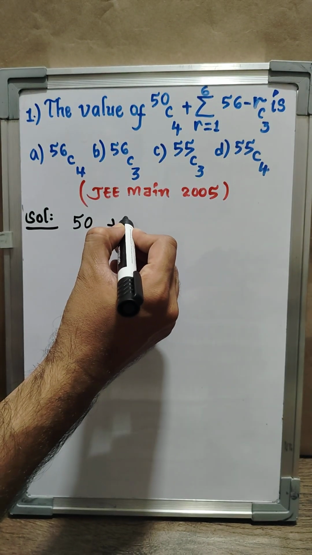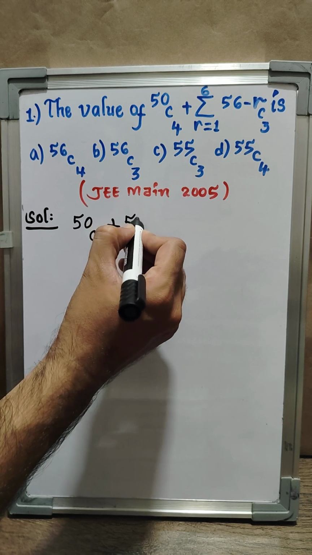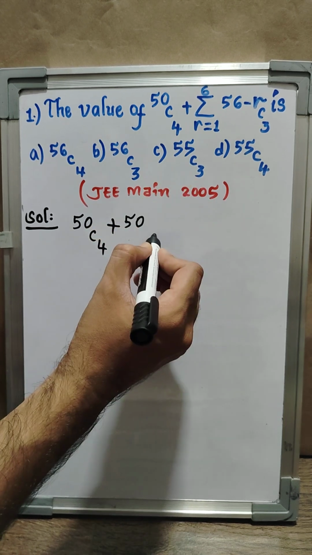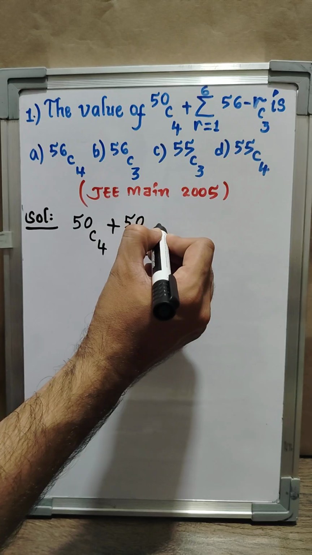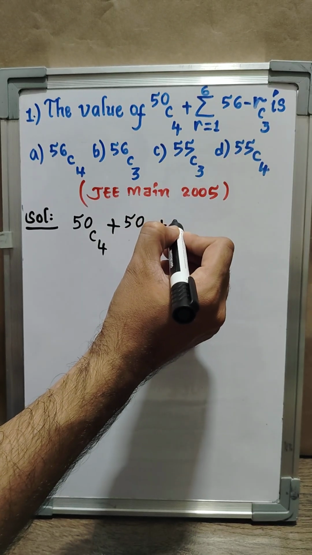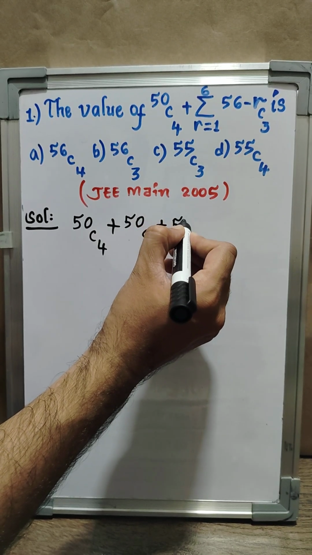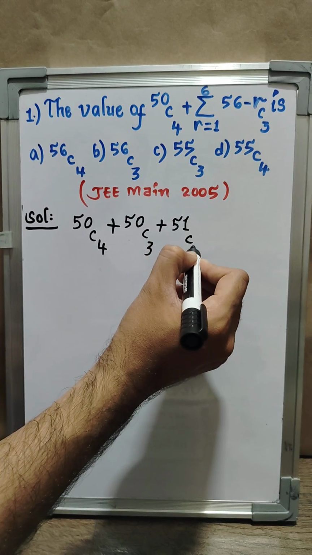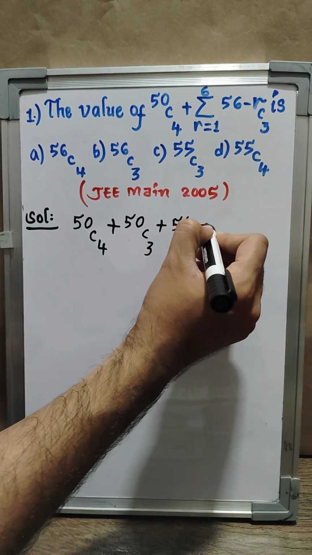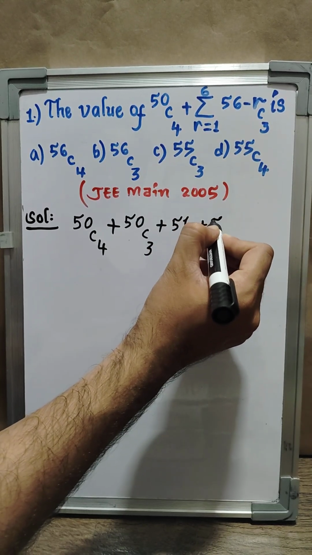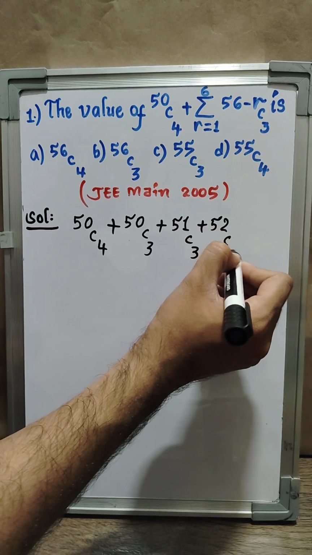Here, 56 minus 6 is 50, so 50C3 plus, if you place 5 you get 51C3. If you place 4 you get 52C3.